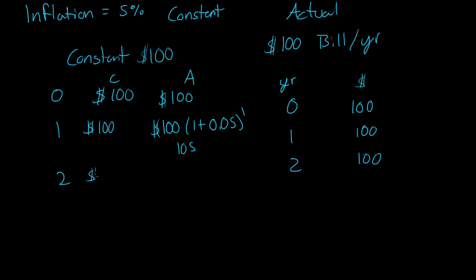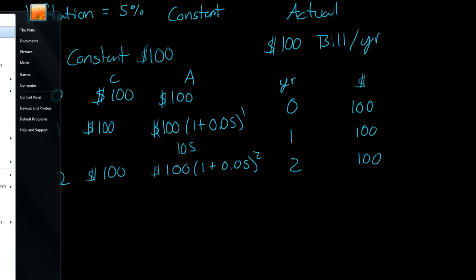So now let's go to year 2. Again, I want to keep it with a constant $100. And what does that give us? Well, we have to take the constant we want, which is $100, and multiply it by 1 plus 0.05 squared. So that will give us a new value. I'm not sure what that one is quite, so calculator real quick.